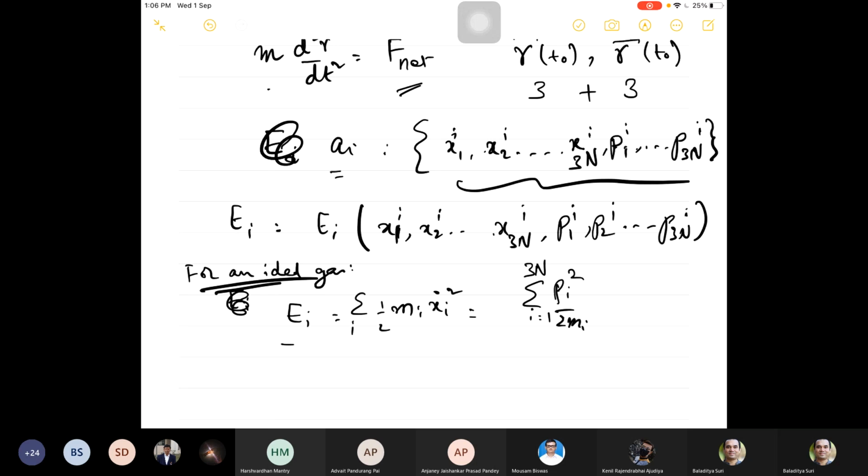So all we know about the energy of the ideal gas is that there is no potential, so there is no term in the energy which depends on the coordinate.